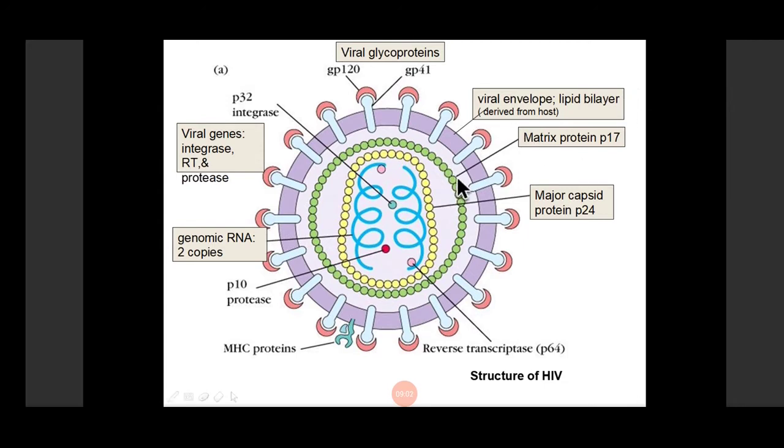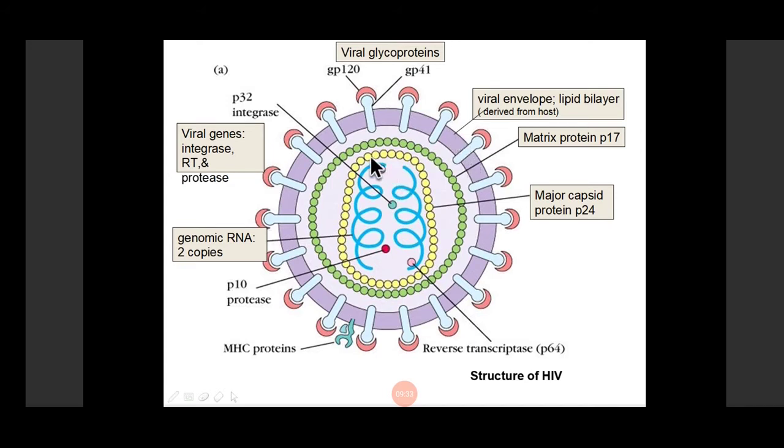So this green thing is matrix protein. And surrounding this matrix protein is the viral envelope. This red circle structure is the viral envelope. This viral envelope is derived from the host, and it is made up of a lipid bilayer.